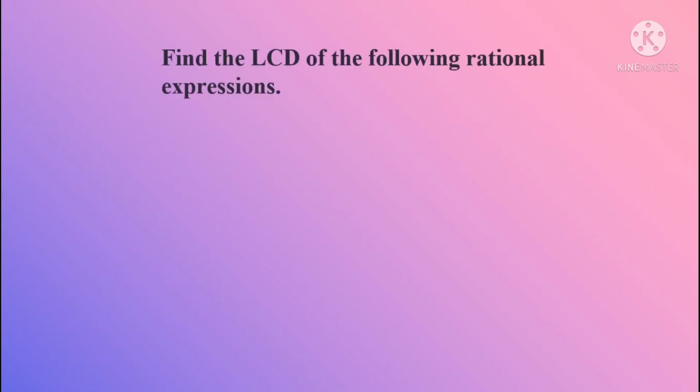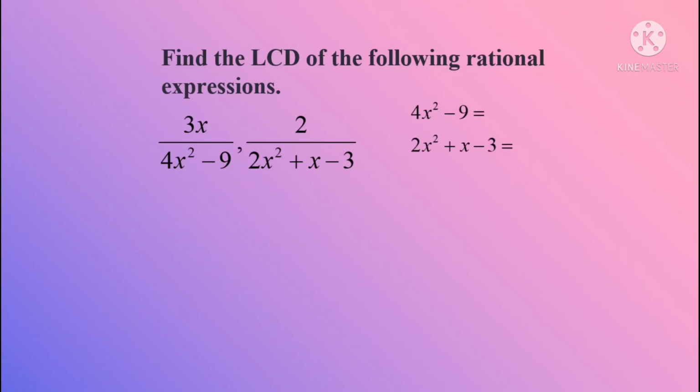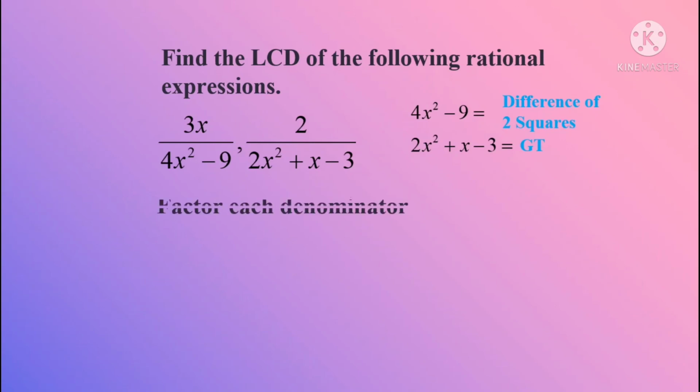Find the LCD of the following rational expressions: 4x squared minus 9, and then 2x squared plus x minus 3. The difference of two squares applies to 4x squared minus 9. Do you remember the difference of two squares? So factor each denominator.